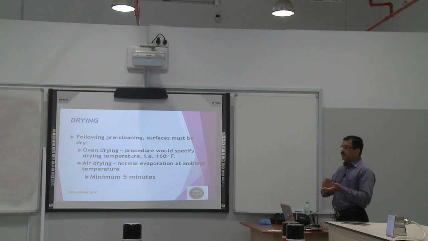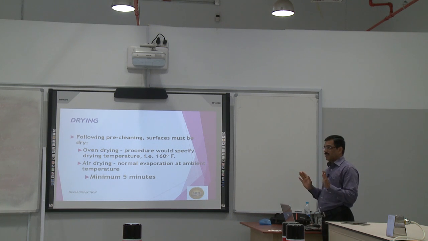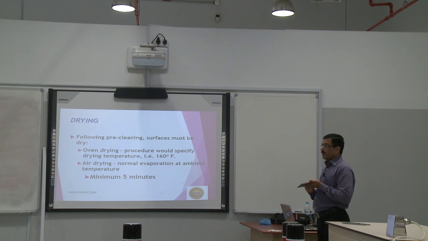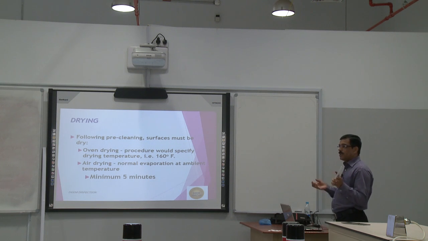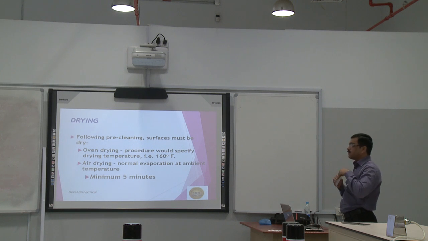After cleaning everything, just wait 5 minutes for the surface to dry. We can also use oven drying, but at a normal site that is not possible after cleaning. Because we are using solvent cleaning, it will automatically evaporate within 5 minutes and our surface will be dry.